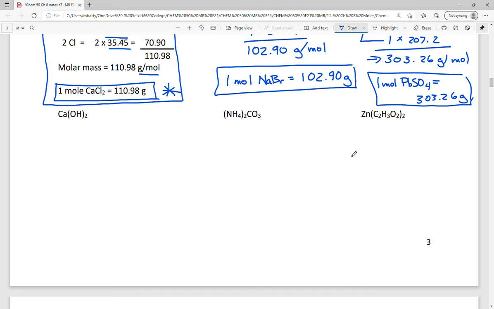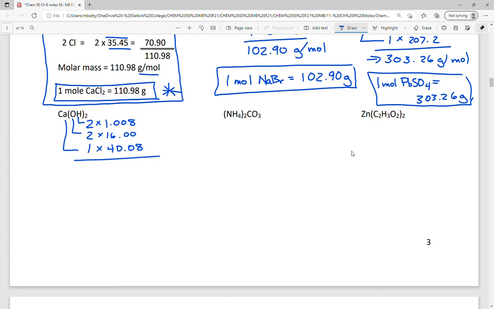The last 3 on the page have more of that understanding of how many atoms or how many parts of each thing. So this 2 outside of the hydroxide polyatomic means that there's 2 hydrogens with a molar mass of 1.008 each, and 2 oxygens, pulling these numbers off the periodic table, and 1 calcium.